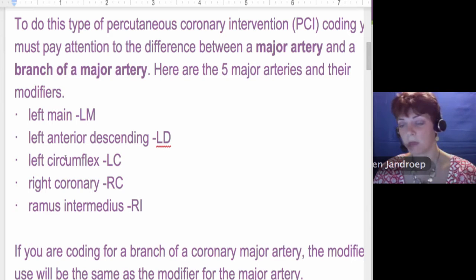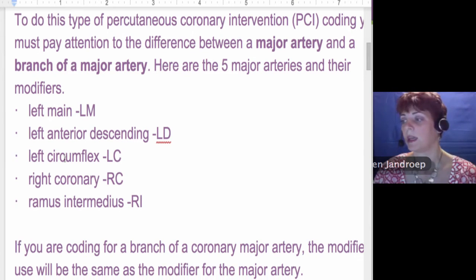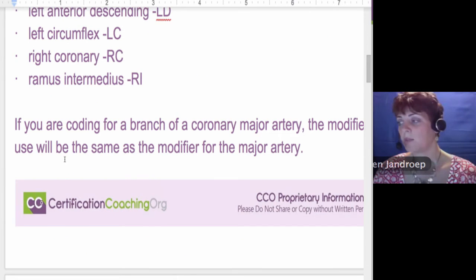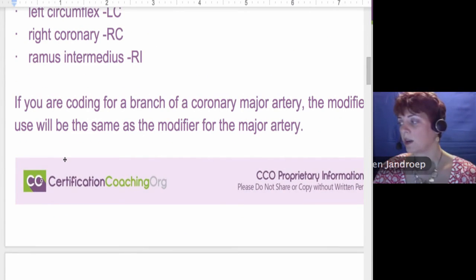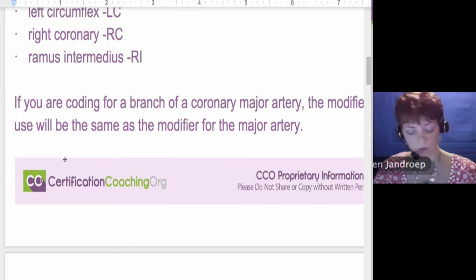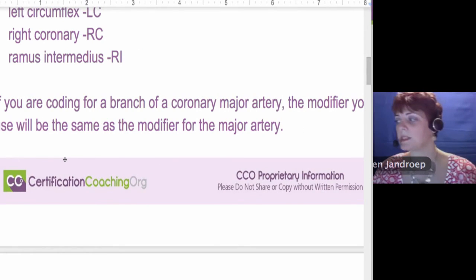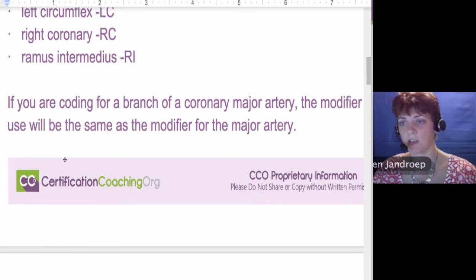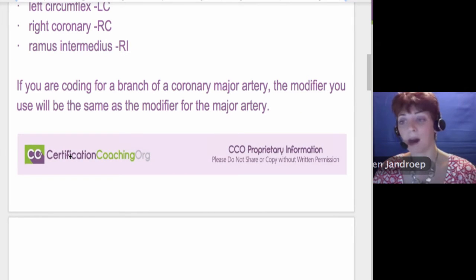So these are the main vessels that CPT recognizes for coding purposes. If you're coding a branch of a coronary major artery, the modifier you use will be the same as the modifier for the major artery. Okay, so modifiers are really needed here.